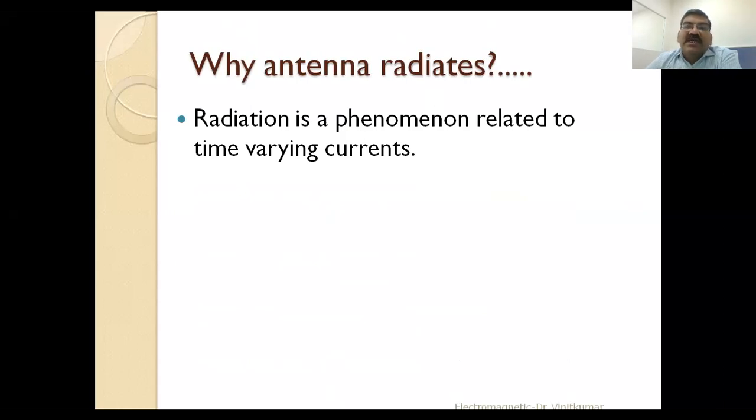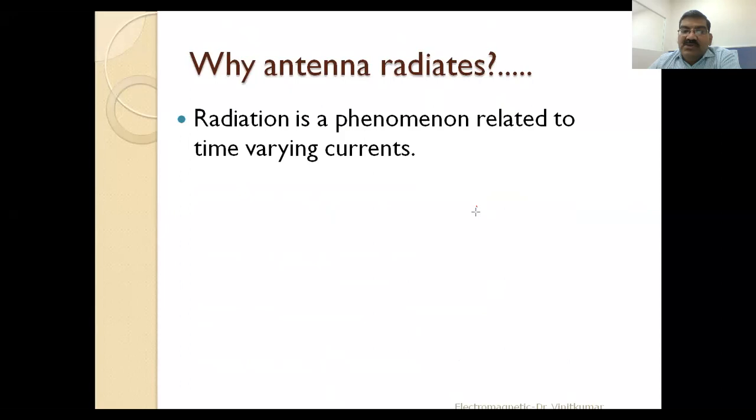Radiation is a phenomenon related to time varying current. Now here there are two kinds of current: one is the time varying current and another is the DC current. Now, what is time varying current?